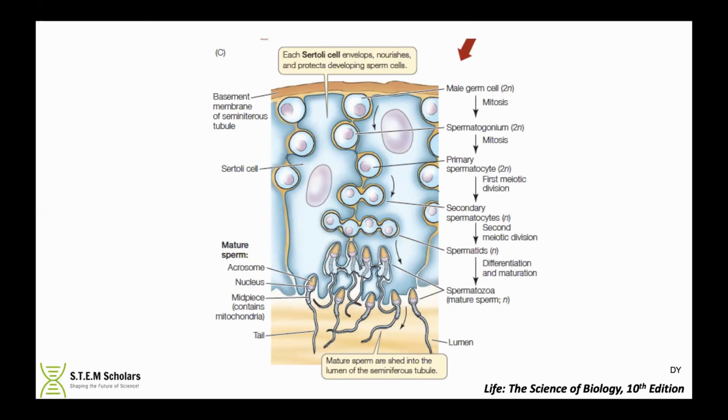These cells are called Sertoli cells, and we see that we have a male germ cell that starts off here, let's say at the top, right, and then eventually it matures and differentiates into what we know as mature sperm or spermatozoa. And eventually they're going to be shed into the lumen of a seminiferous tubule.